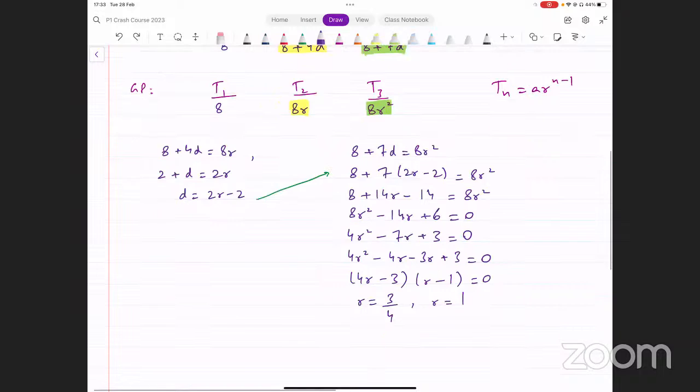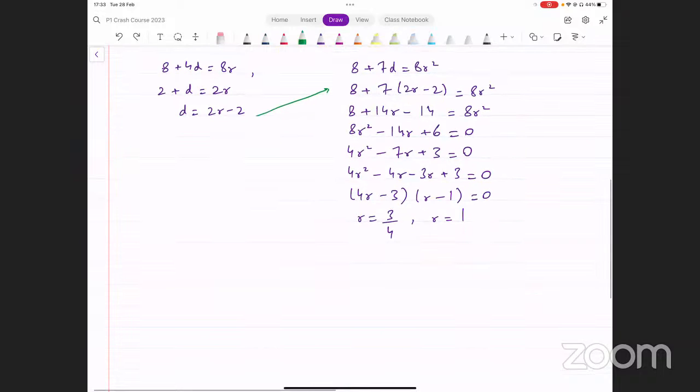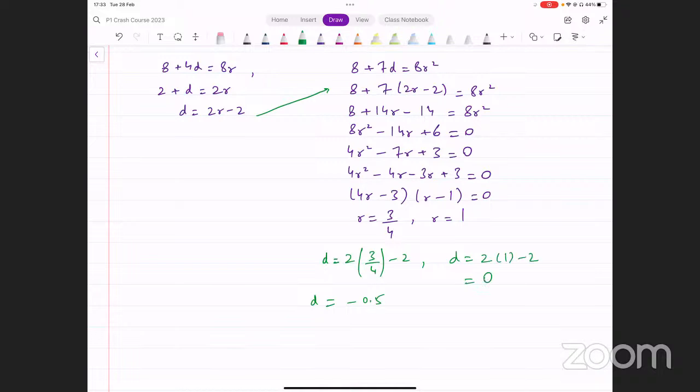Now, if you were to find the value of d using both of these values of r, for the first value, we get d equals 2r minus 2, which is 3 over 4 minus 2, and that gives us 3 over 2 minus 2, which is minus 1 over 2, minus 0.5. If we put the other value here, that gives us d equal to 2 times 1 minus 2, which is 0.